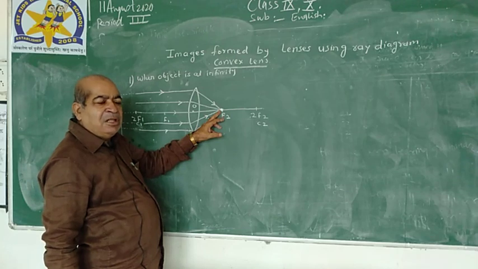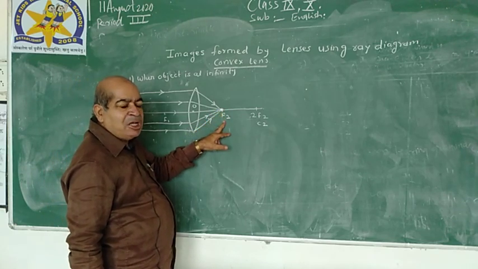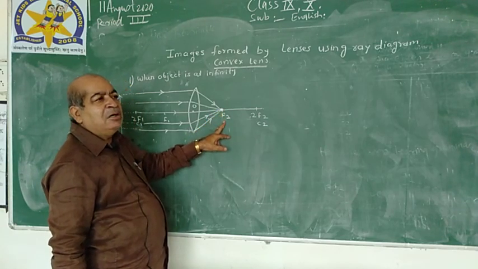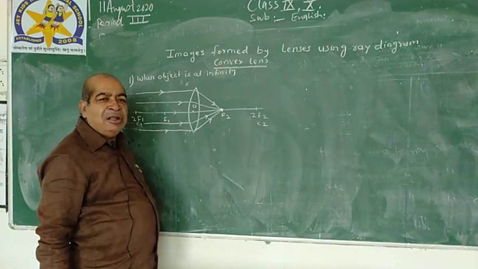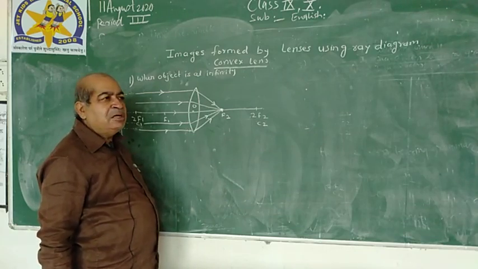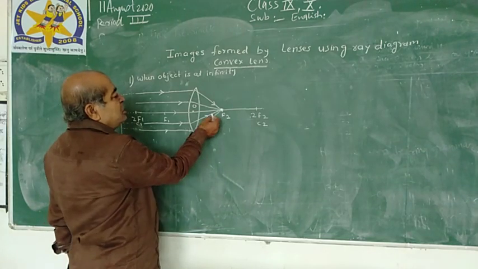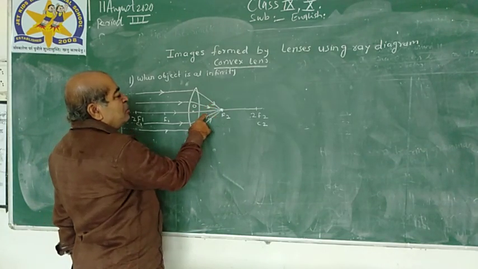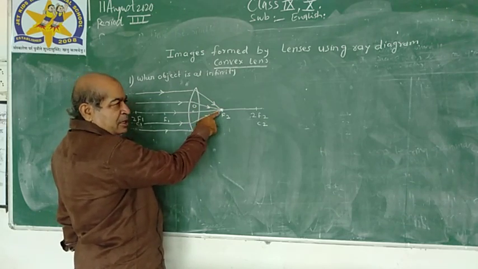So this is the relative size of the image, and it is diminished, and the nature of the image is real and inverted. Real means it is obtained due to the actual crossing of the rays.